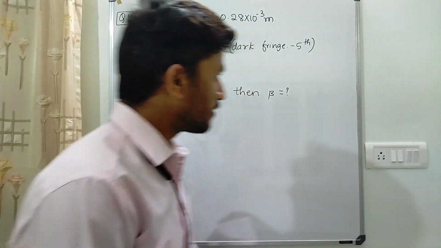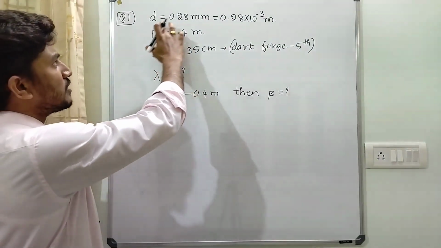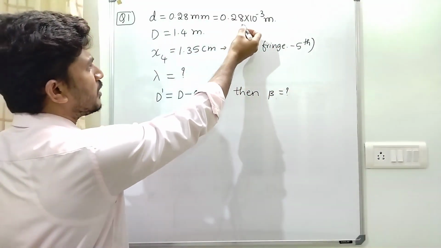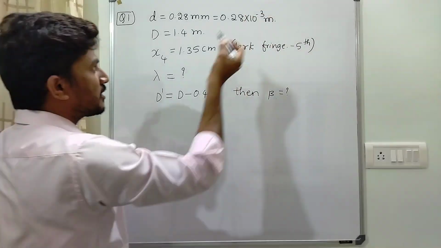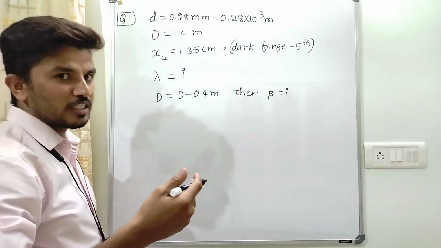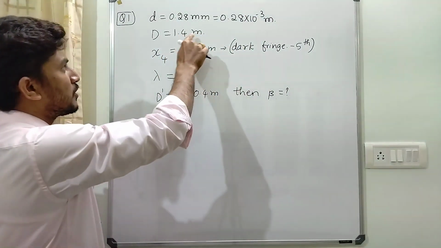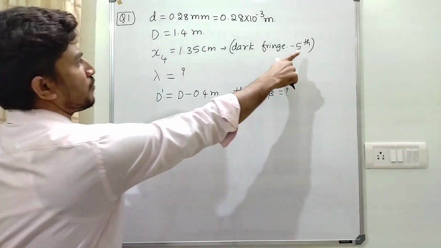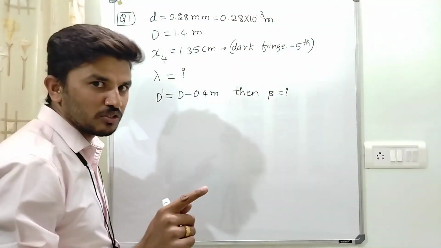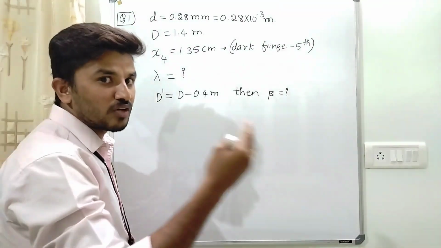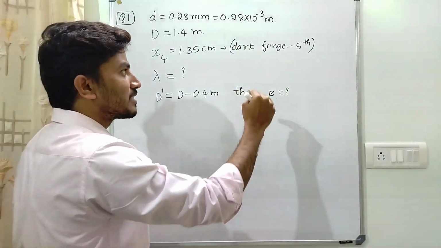So here they have given this data, dear students. Small d is equal to 0.28 millimeter, meaning 0.28 into 10 to the power minus 3 meter. Capital D is the distance between the screen and the slits, 1.4 meter, and the distance of the fifth dark fringe is given. I have already told you in the first video that in case of a dark fringe we have to take one value less.